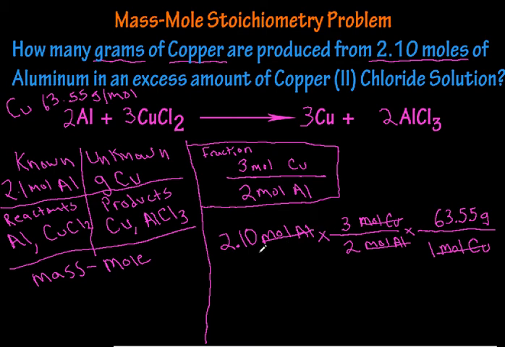Now we just do the arithmetic. If you don't like that there's not a number here, just put it over the number 1. So let's take the entire top, the numerators, multiply them together, and then the entire bottom is going to be 1 times 2 times 1. So the bottom will be something over 2. The top, let's get our calculator out.